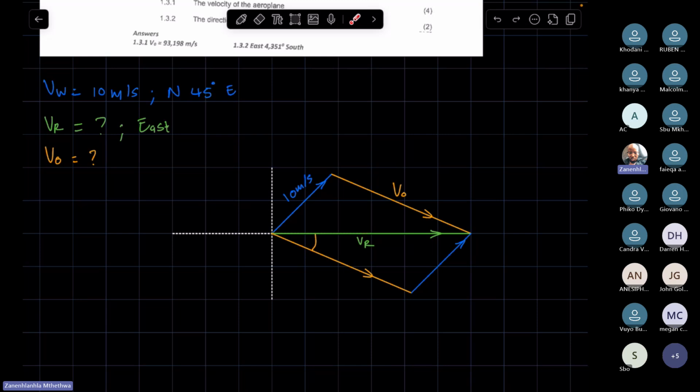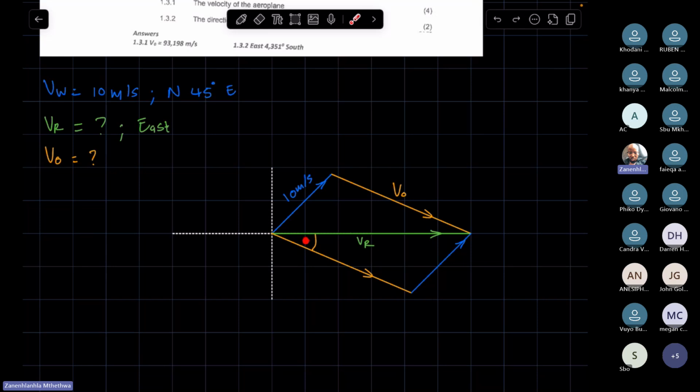For the guys using the vector diagram, this came out on its own. Right. So if VO is in this direction, it means we are going to need to calculate this angle.